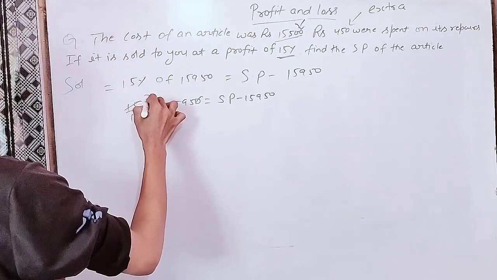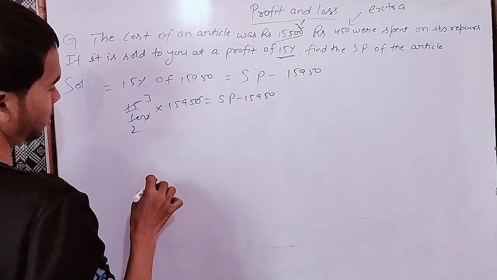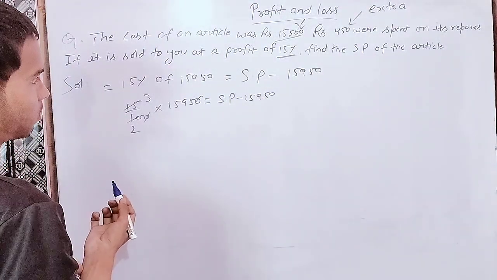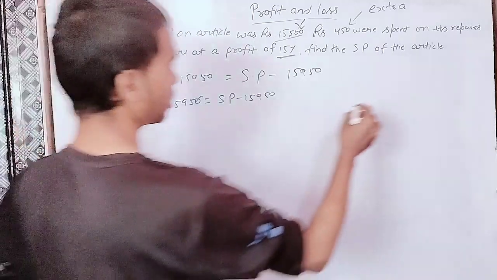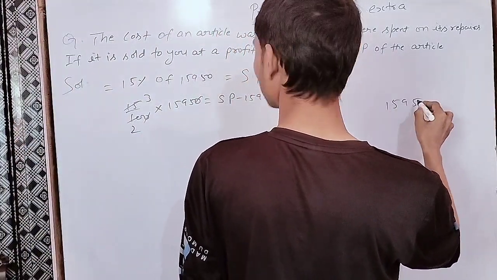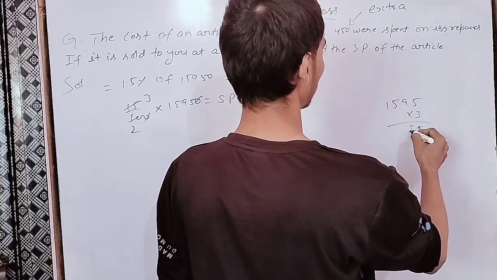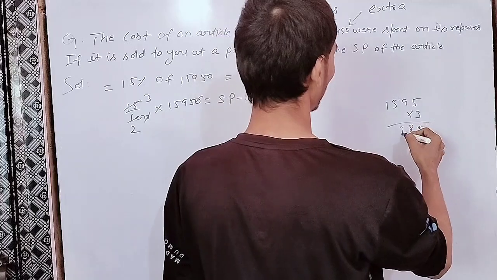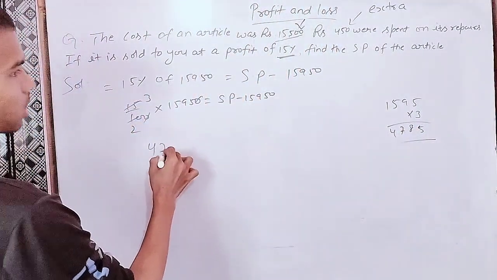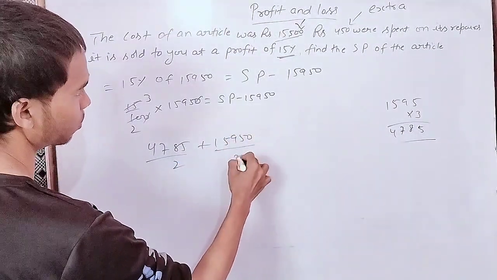Here, three fives are, two fives are. Okay. 1595 by 3. 8 2 1 4. 4785 upon 2 plus 1590.